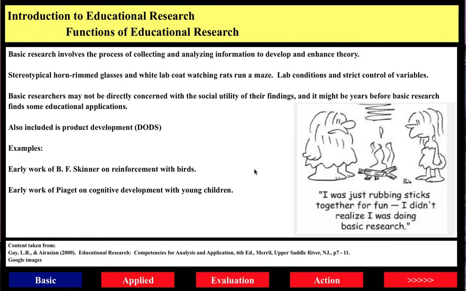And so who knows if it would have worked or not. But that's an example of basic research. Piaget and his work on developmental psychology with children is another good example of basic research. So basic research, again, is designed to develop or expand theories and to discover new knowledge.